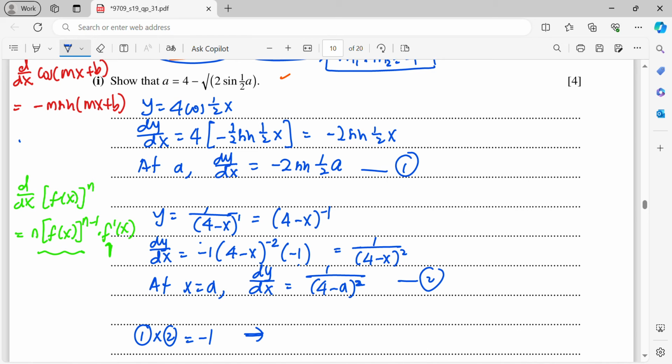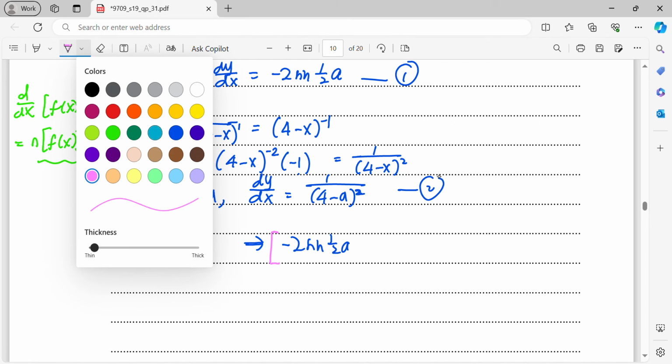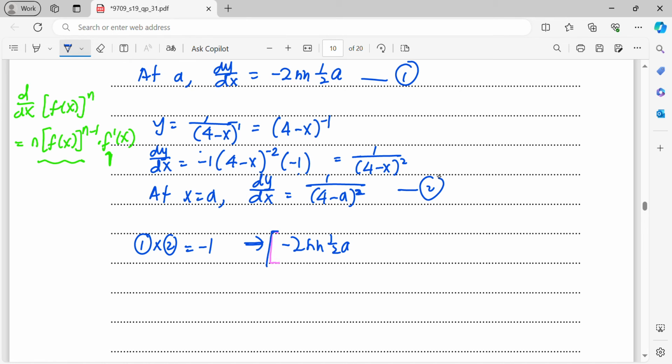That means minus 2 sine half a, times 1 over (4 minus a) squared equals minus 1.